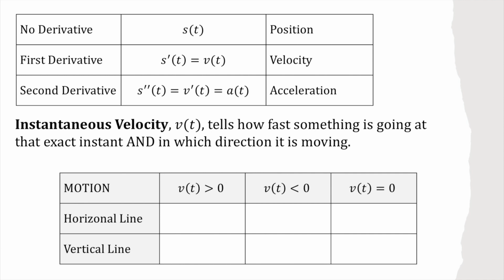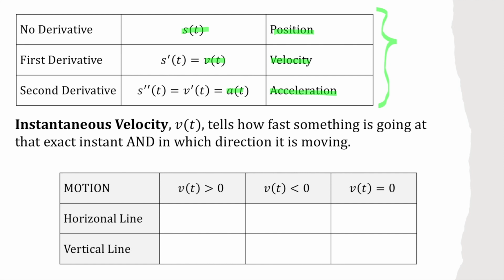Again, last time we were together, we talked about some of the meanings that higher order derivatives could have. And when you're talking about particle motion or straight line motion, then s of t is position, v of t, the first derivative, is velocity, and a of t, the second derivative, is acceleration.